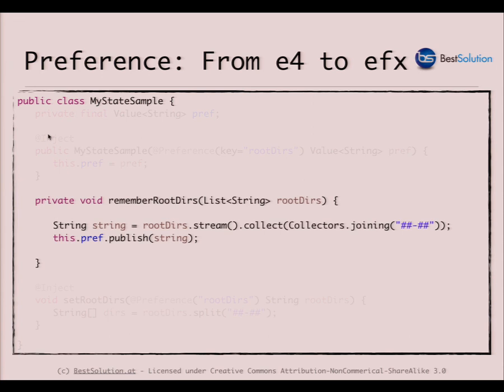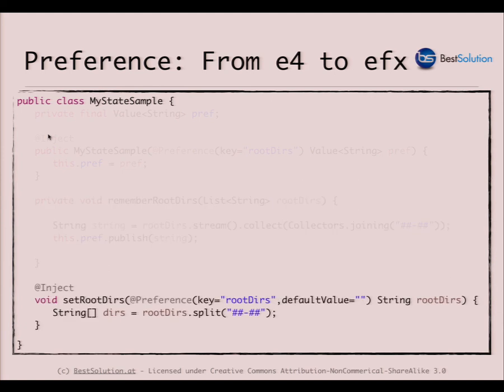Remember, you do the publish method, the same thing that we did before. And when we want to get a value injected, we have the possibility to define the default value here. So this makes the null check that we normally would do not needed anymore, because if the value is null, we get an empty string.